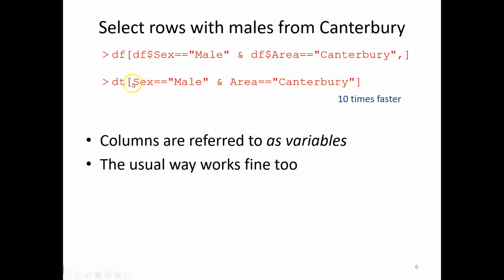So this part, sex, is not interpreted as an object as it would have been if this was a data frame, but it's interpreted as the name of a column. So what R does is it goes into the sex column and looks for males, and it goes into the area column and looks for Canterbury.